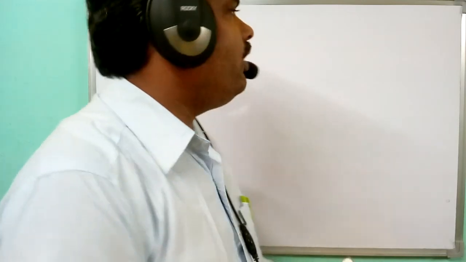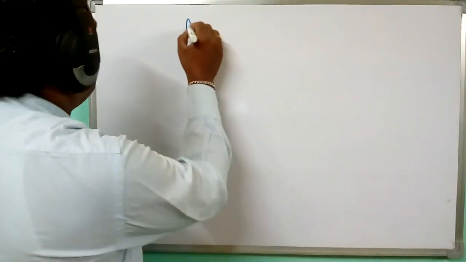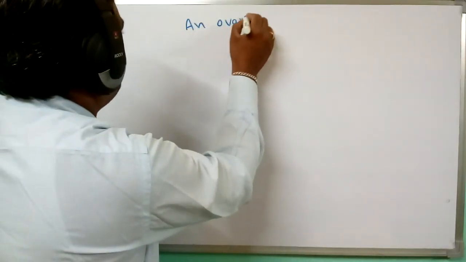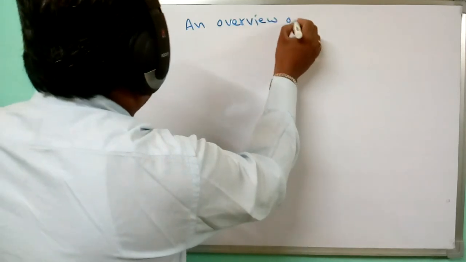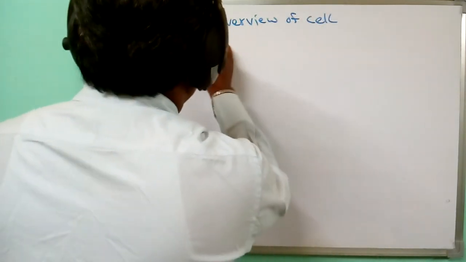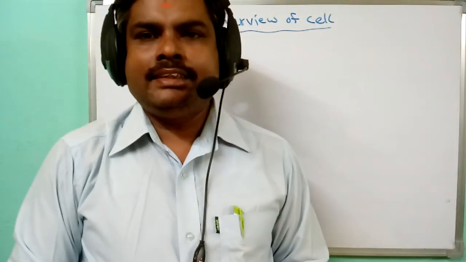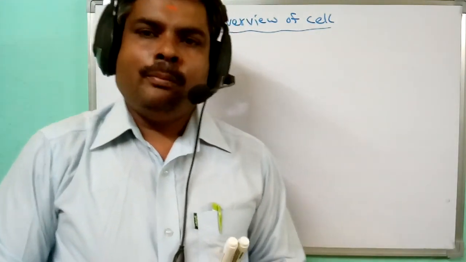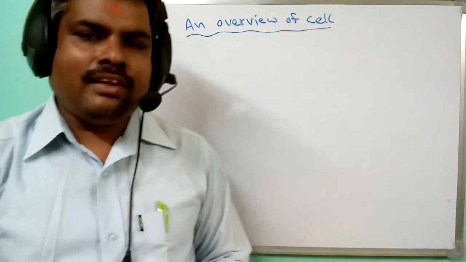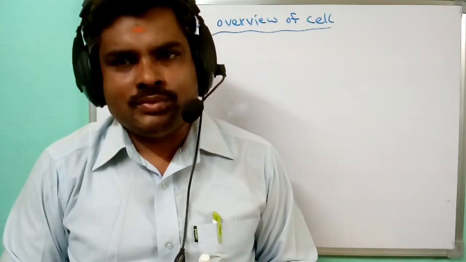In this class we are going to discuss one of the most important topics in biology: an overview of the cell. As we know, the cell is the basic structural and functional unit of all living organisms.